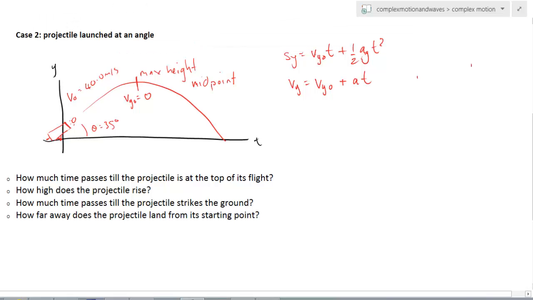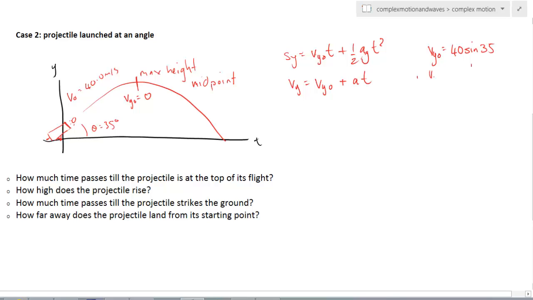So, finding out the time until the projectile is at that maximum height. We know that's going to be 0, and we know our initial y velocity. Or do we? We know our initial velocity, we don't know the initial y velocity, but we do know the angle. So let's first figure out the x and y components of the velocity. Velocity y is going to be 40 times sine of the angle, 35.